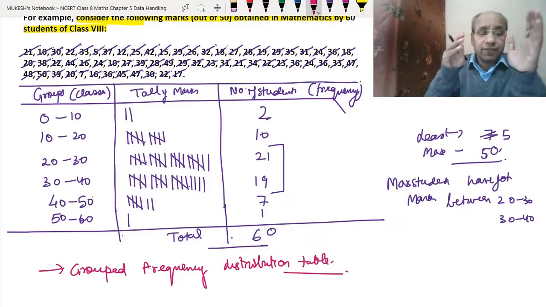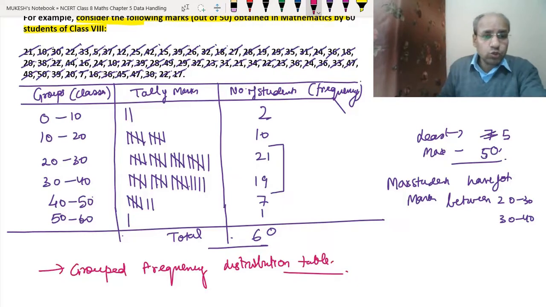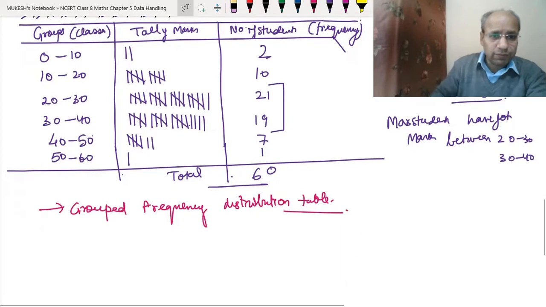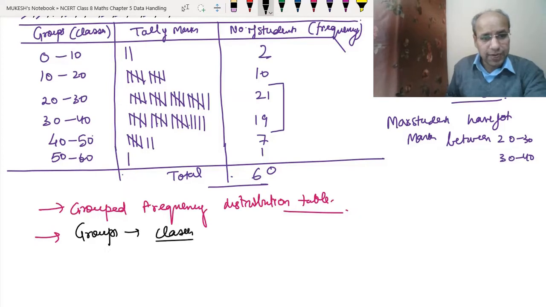So the data, if we are representing it this way, then this representation of data is known as the grouped frequency distribution table. These groups that we have written here are called classes, like 0 to 10, 10 to 20, 20 to 30 and so on.